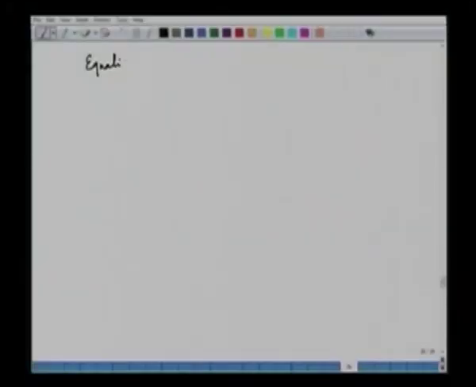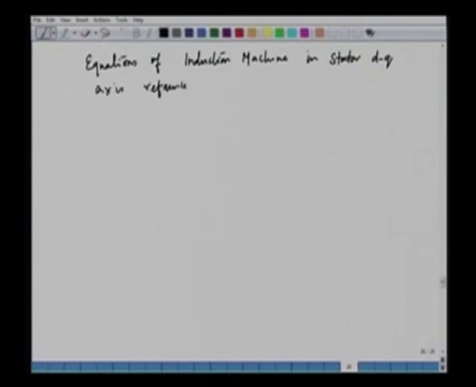So, we can write down equations of induction machine in stator DQ axis reference frame.